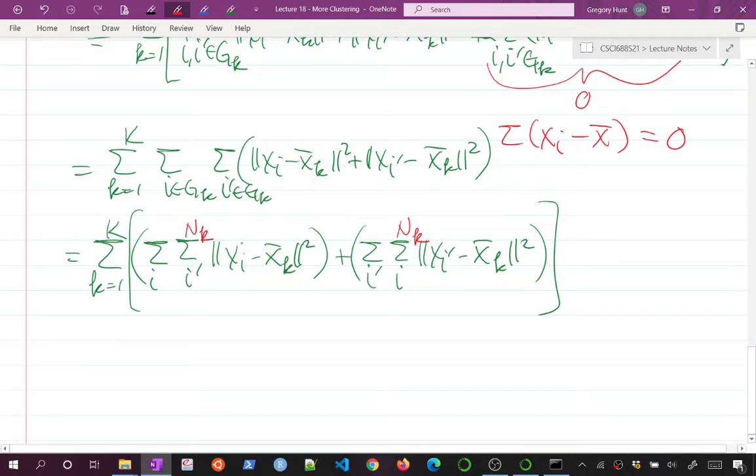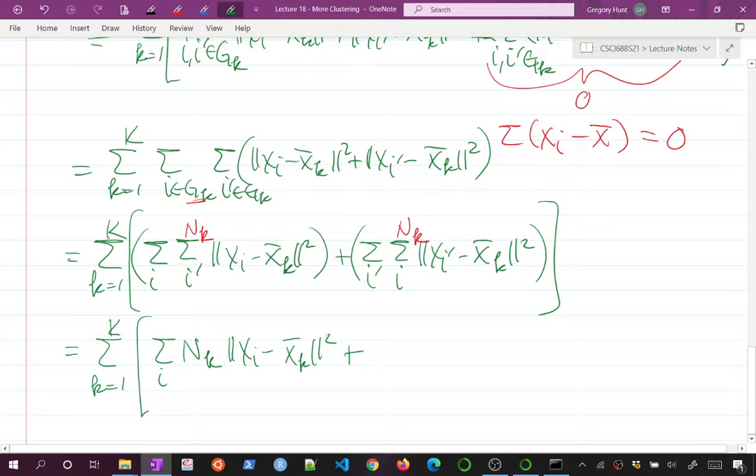Here n is the number of things in that cluster. And so what I'll be left with here, we're almost there, is the sum over i, nk, of this thing. So this is all my big sum there.